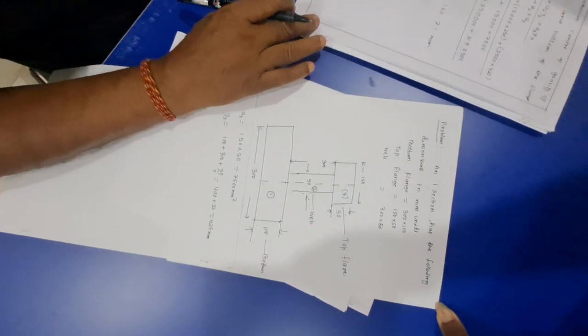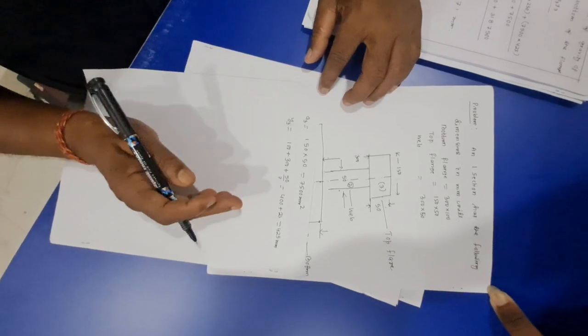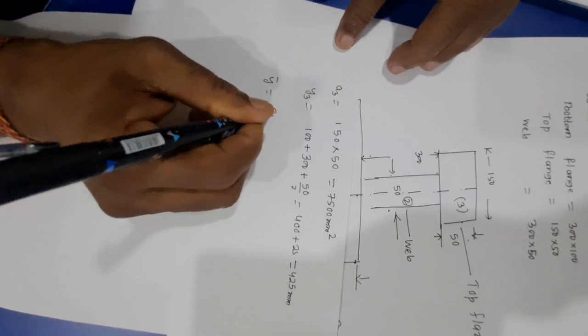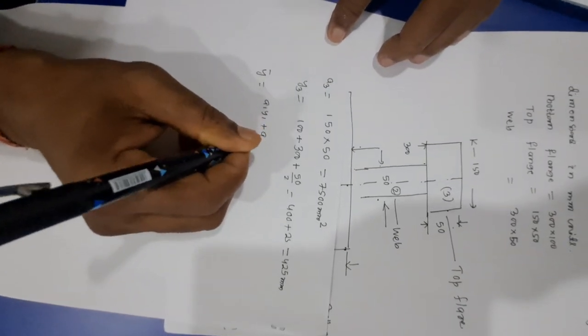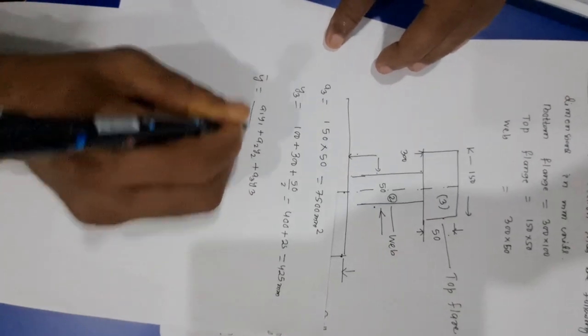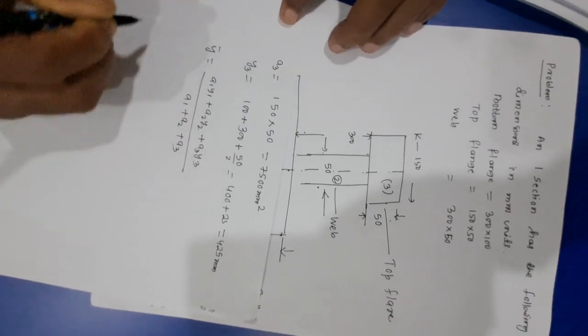Now, the distance between the center of gravity of the section and the bottom of the flange, y bar, is equal to A1 y1 plus A2 y2 plus A3 y3 divided by A1 plus A2 plus A3.